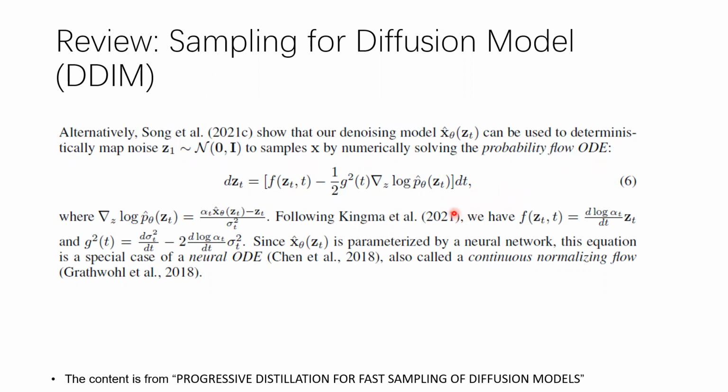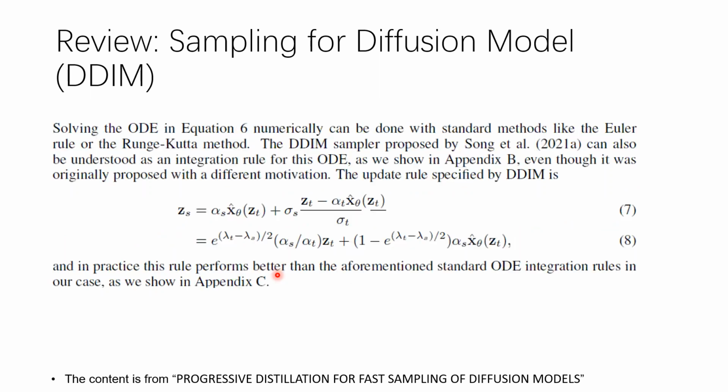P theta is defined here, and f and g are defined here. Since x theta is parameterized by a neural network, this equation is a special case of a neural ODE, and you can solve it by some traditional integration rule, an ODE solver.